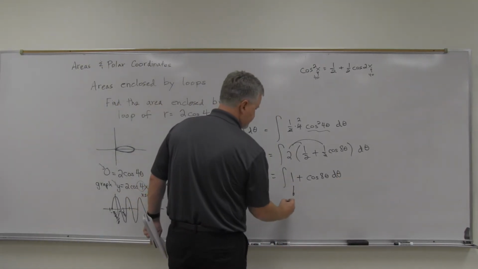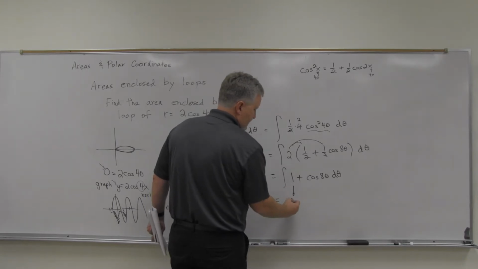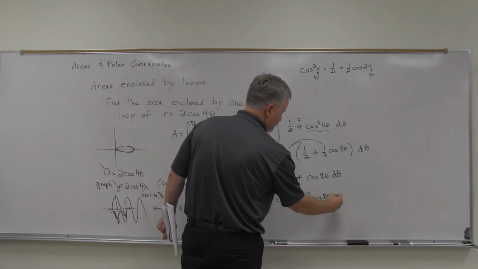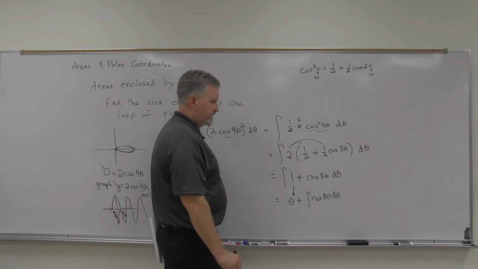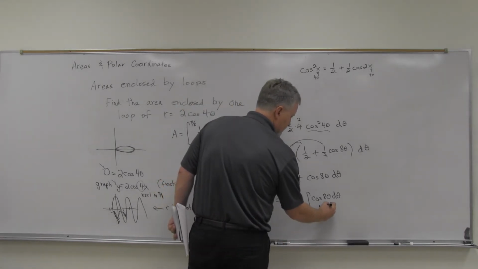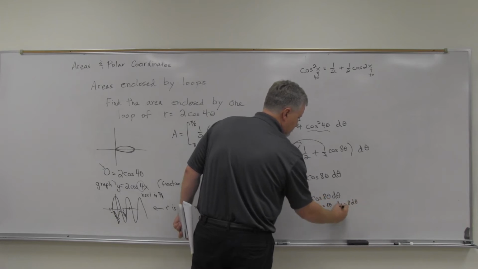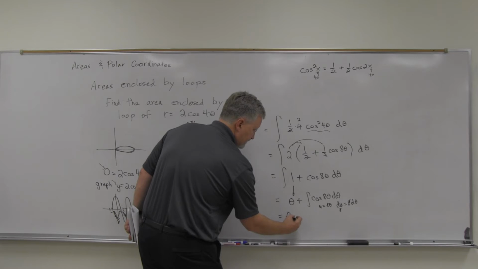That antiderivative is just theta. Now what about this integral, cosine of 8 theta? Let's use substitution. u equals 8 theta. du would be 8 d theta. And so du over 8 is my replacement for d theta.